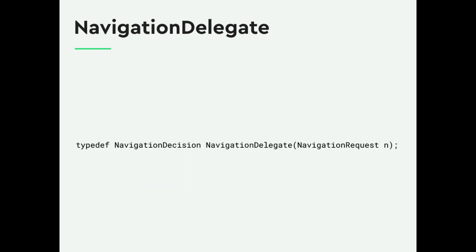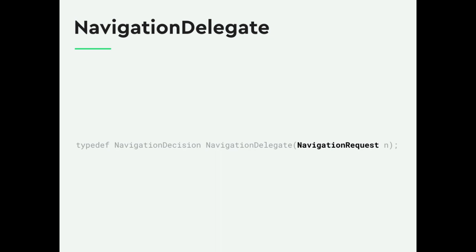This navigation delegate is another callback that will receive a navigation request. You can use this to make a navigation decision, so basically say whether I want to navigate or not. This navigation request is going to contain a string, a URL, from the website that is going to be loaded.